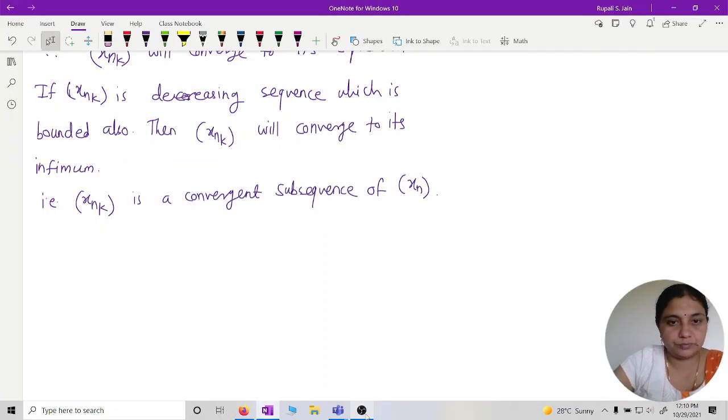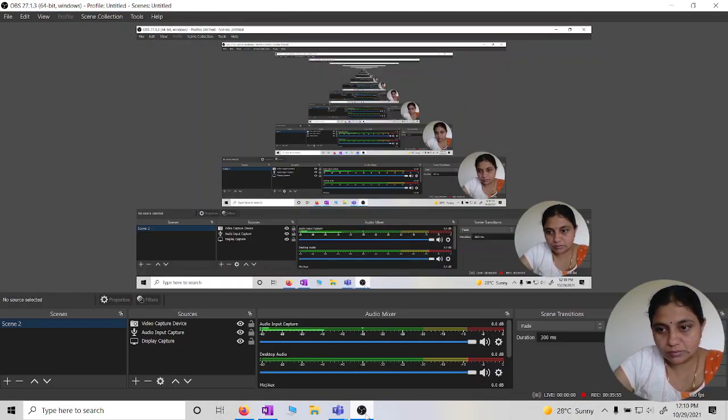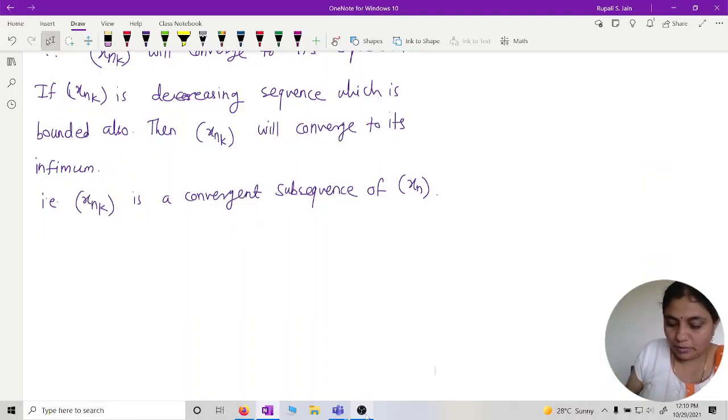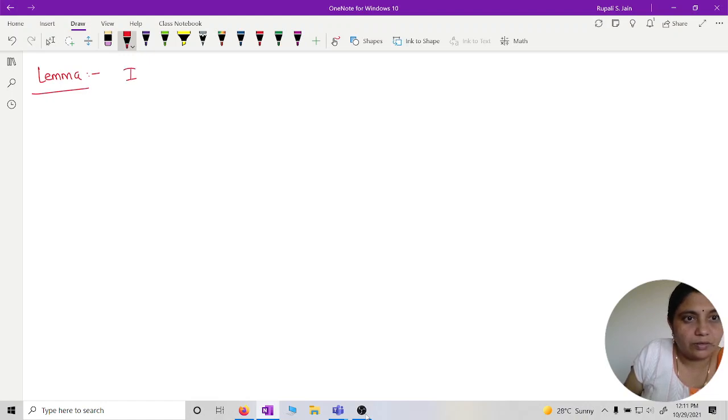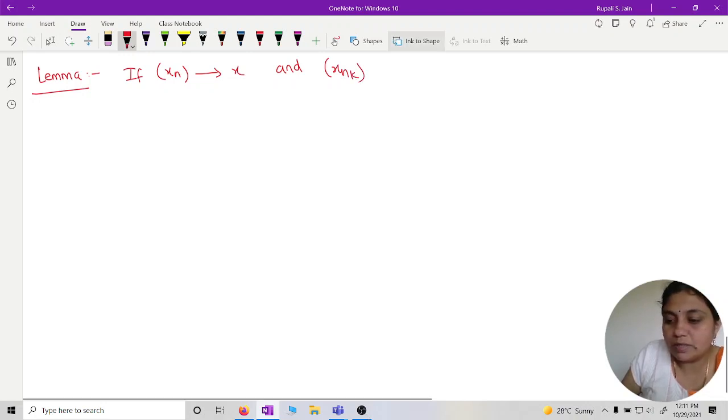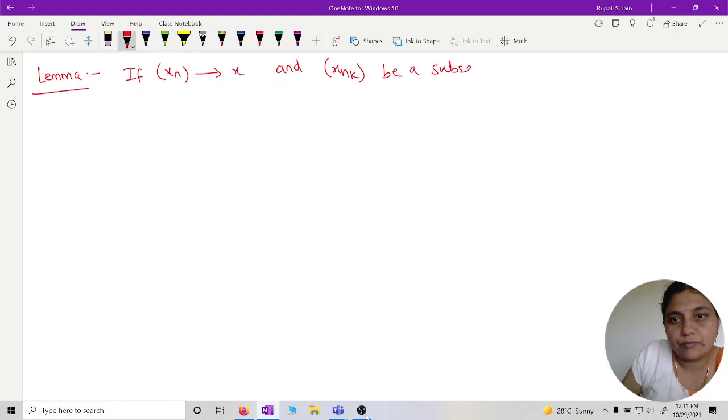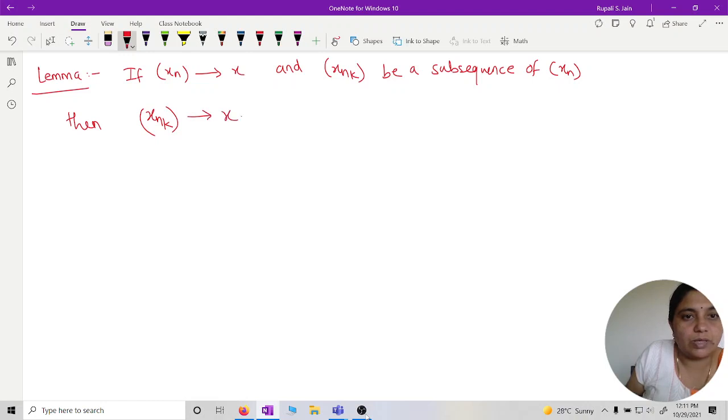Okay, so now the lemma. If x_n converges to x and x_{n_k} is a subsequence of x_n, then x_{n_k} also converges to x.